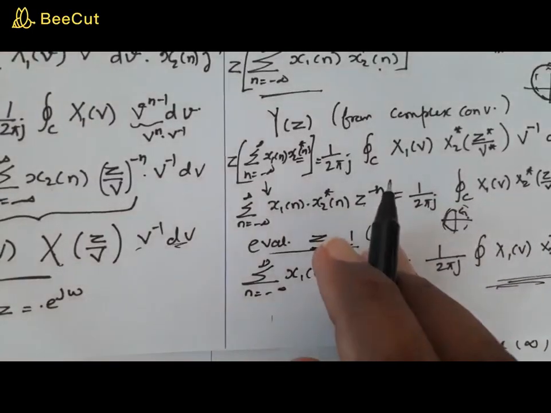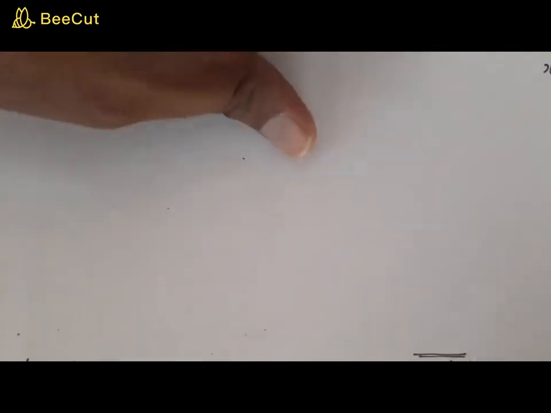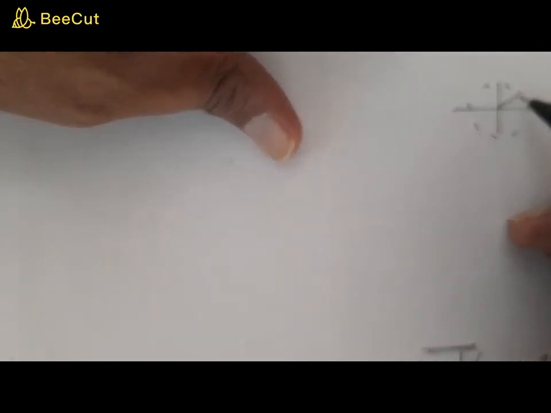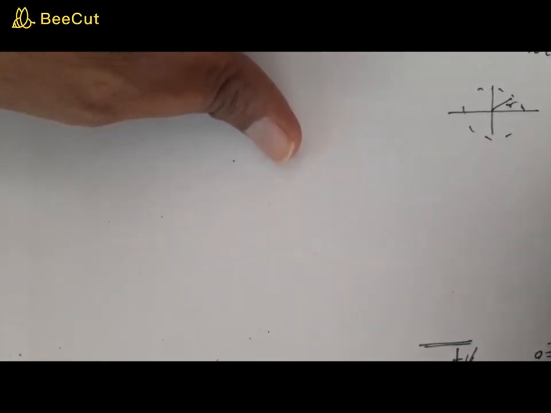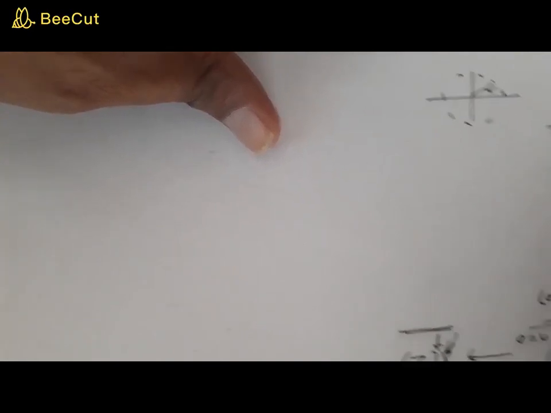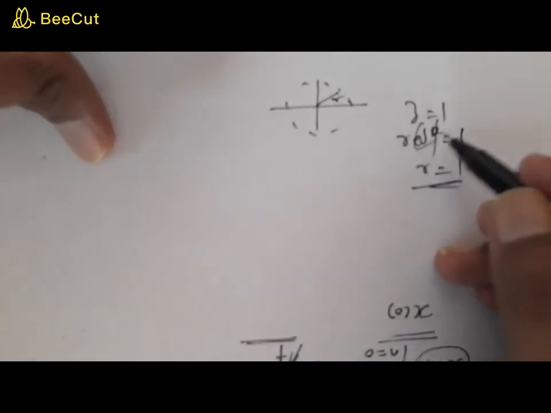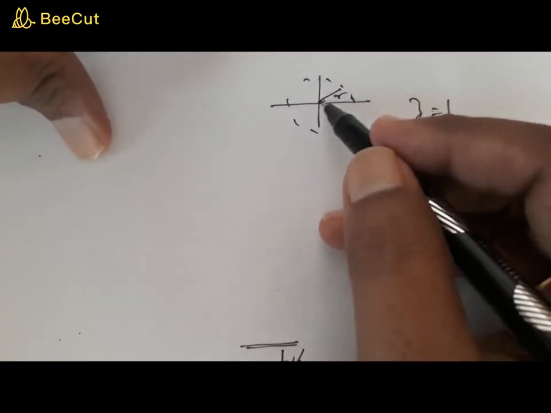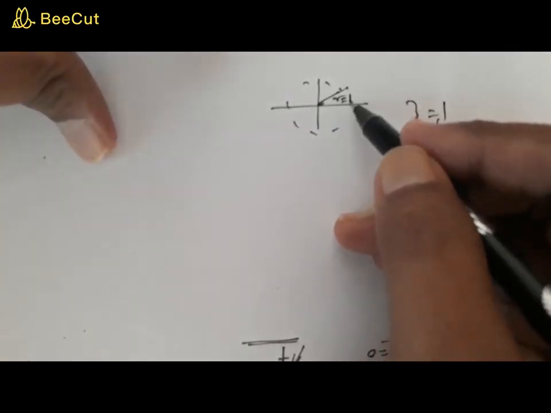to 1. What is the meaning of z is equal to 1? Z is equal to 1 in a z plane refers to a circle with the radius r. z equal to 1 means r e raised to j theta is equal to 1. That means the magnitude is 1, so r is equal to 1, meaning that this is a circle with the radius 1.